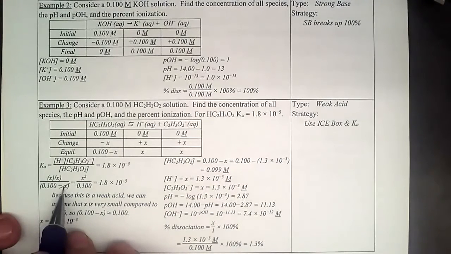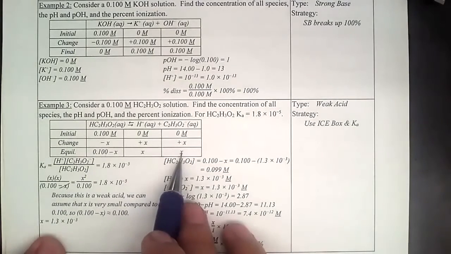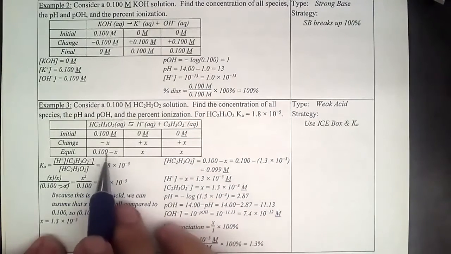So if we can ignore this, and we can, we just get this. We're going to multiply and square root, and we get x value. So x is the value of this and the value of that. There. The value of this is 0.1 minus x. Don't forget that this value is not x, it's 0.1 minus x.